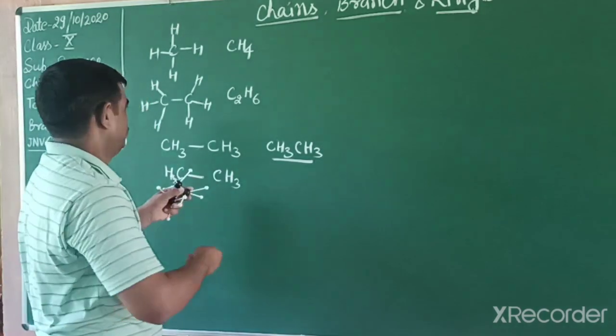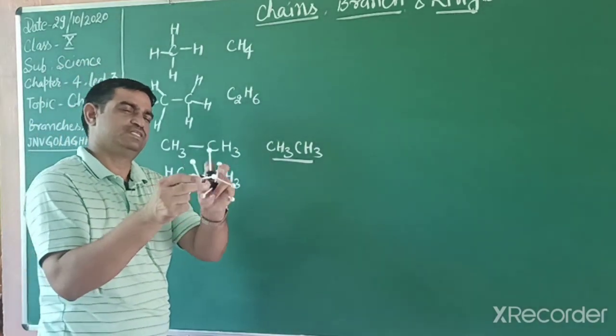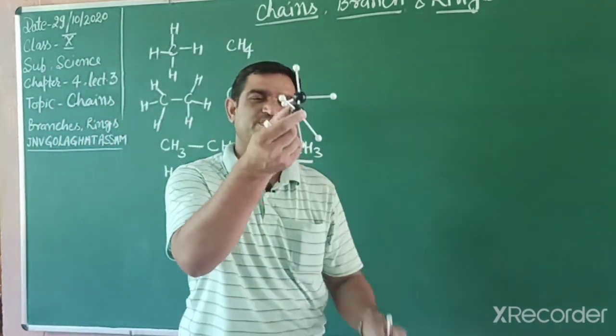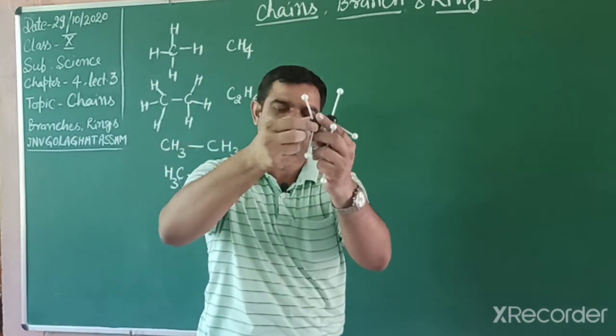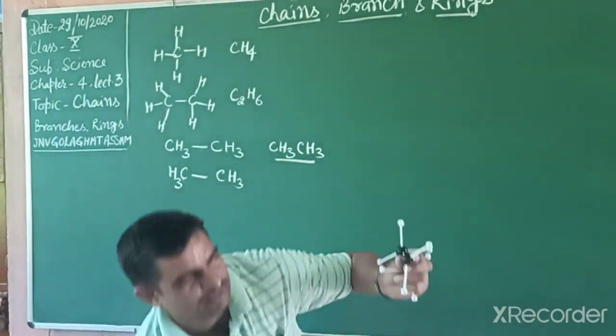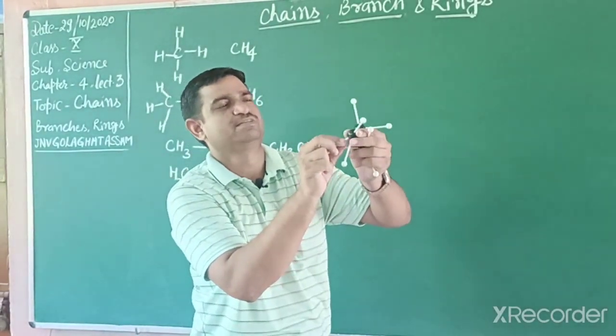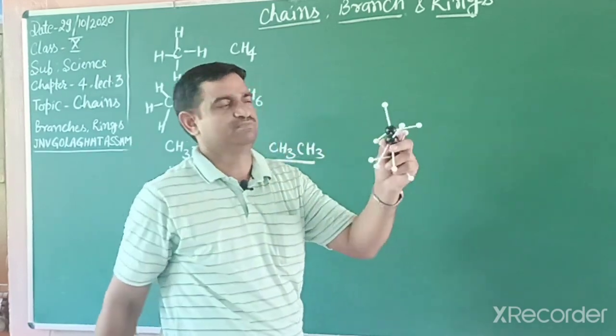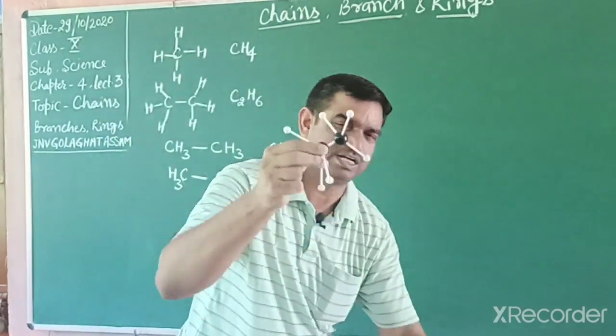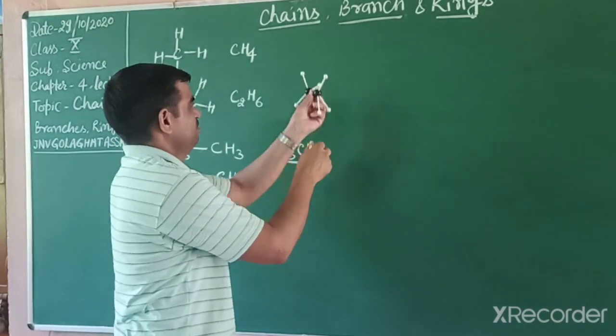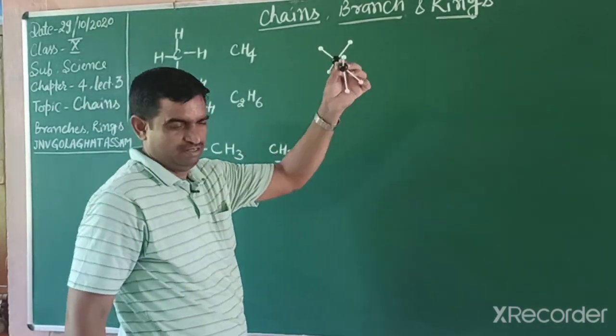So for further extension, we have to remove any one hydrogen to make a further chain. All 6 hydrogens are equal.